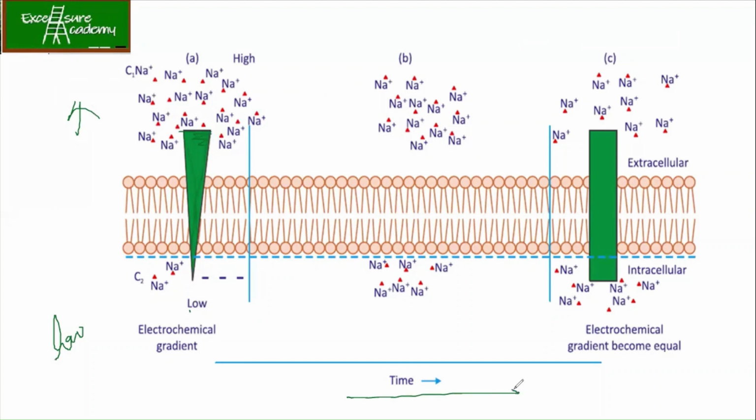With the passage of time, the Na plus concentration here and here becomes the same, so it has come to equilibrium. The time from here to here is the period during which the membrane was acting as an electrochemical gradient. Is this much clear, guys?